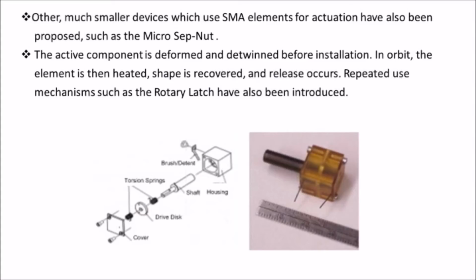Much smaller devices such as SMA elements for actuation have also been proposed, such as the micro sepnut. The active component is deformed and detwinned before installation. In orbit, the element is then heated, shape is recovered, and release occurs. Repeated use mechanisms such as the rotary latch have also been introduced. The figure below shows the rotary latch as designed and tested at the Applied Physics Laboratory.